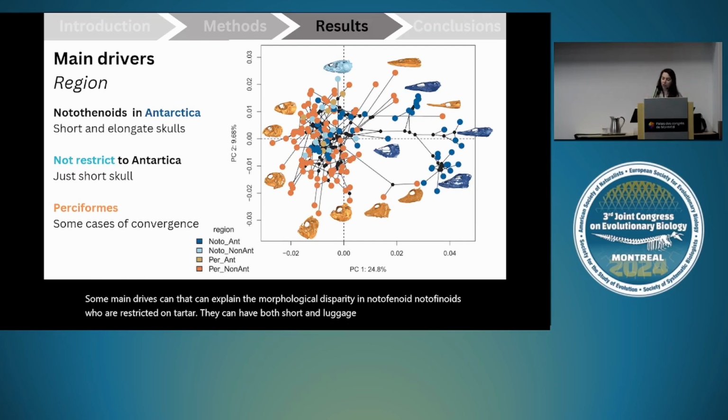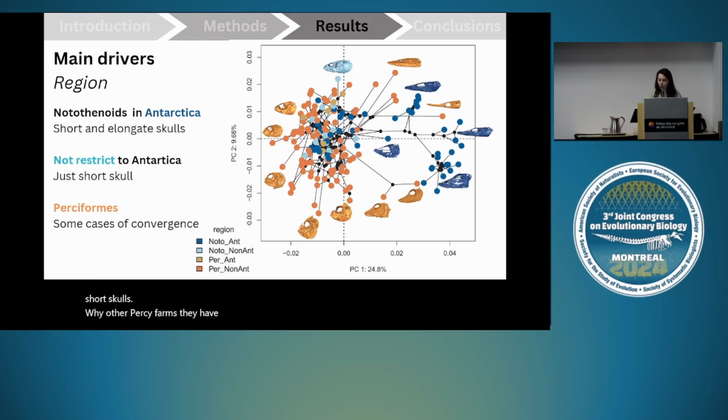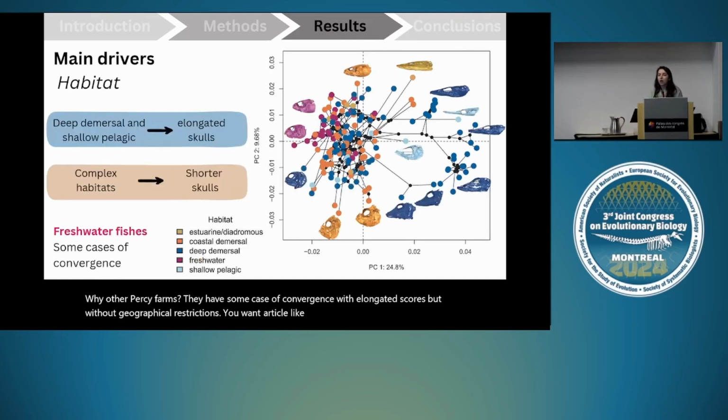However, the species that are not restricted to Antarctica, on the left side of the graph, have just short skulls, while other perciforms have some cases of convergence with elongated skulls, but without geographical restriction to Antarctica, like notothenioids. So, if region is not the main driver that can explain this disparity, I looked deeper at habitat.